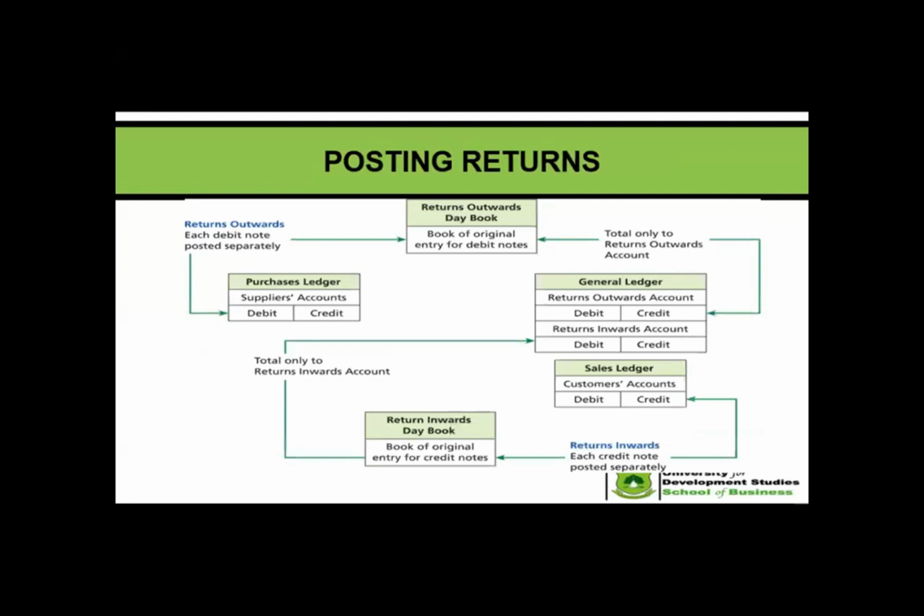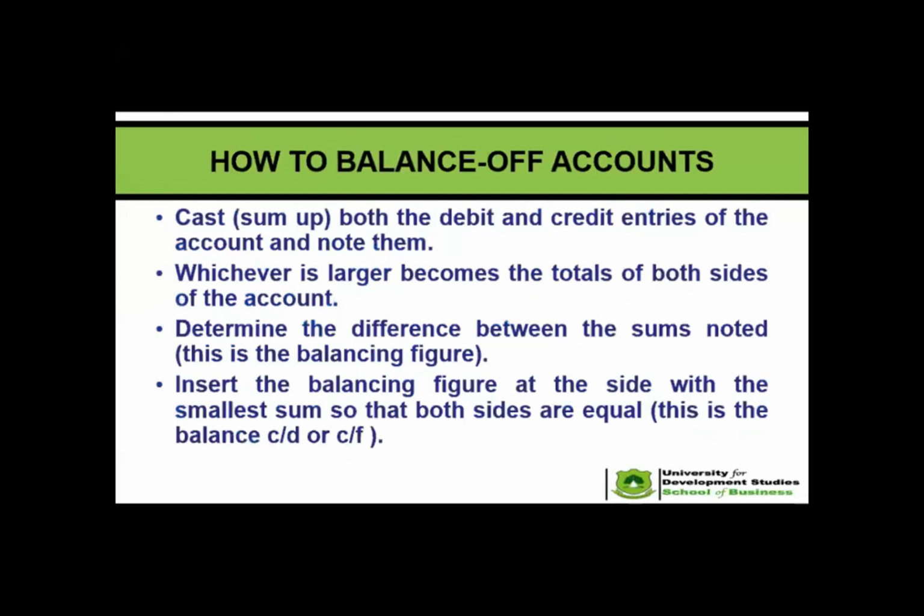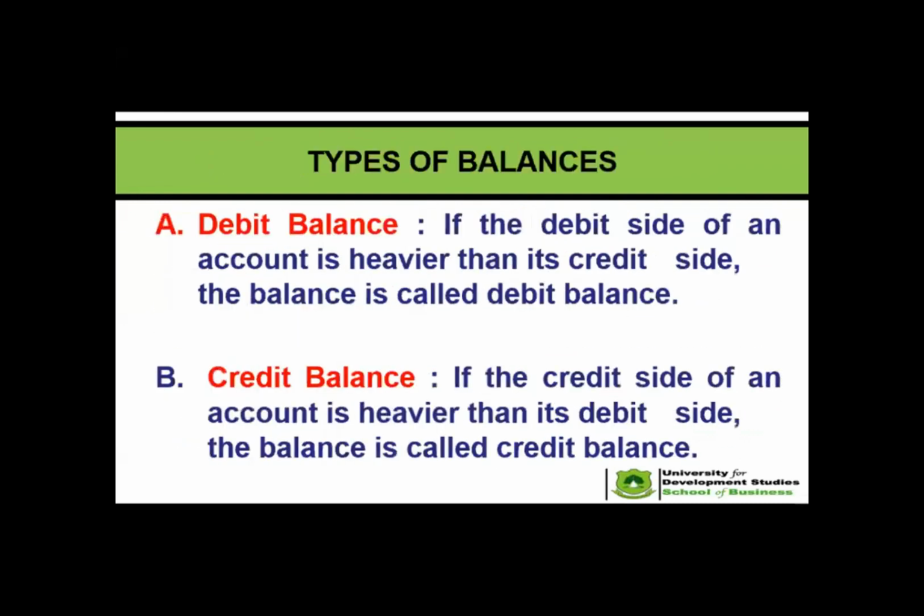So these are postings for returns, return inwards, return outwards. Good. Then for the balancing, we talk about balancing the account already. And these are how to balance the account. And types of balancing, we have a debit balance and also a credit balance. When we say debit balance, what do we mean?